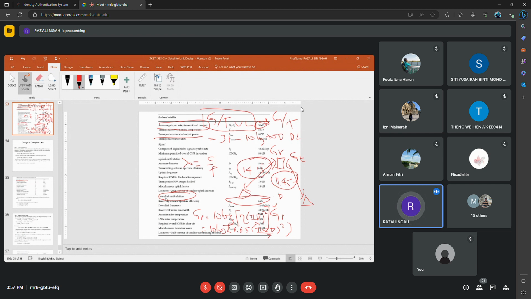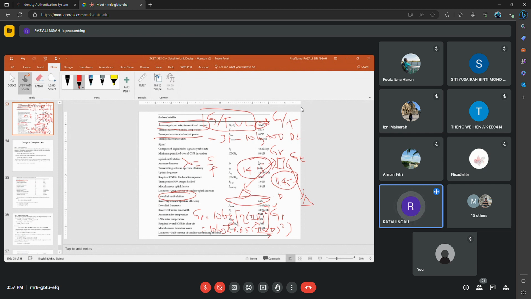For the downlink earth station, I don't know if it is the same diameter. Maybe the same. Even if we use the same diameter, you can see that aperture efficiency for the uplink earth station is 68, for downlink 65.